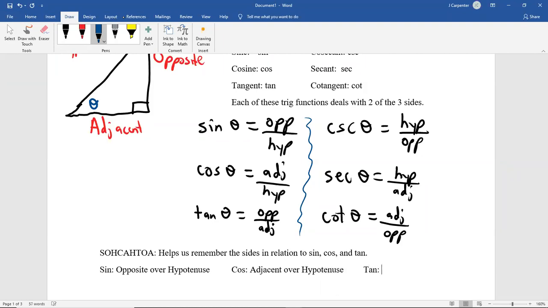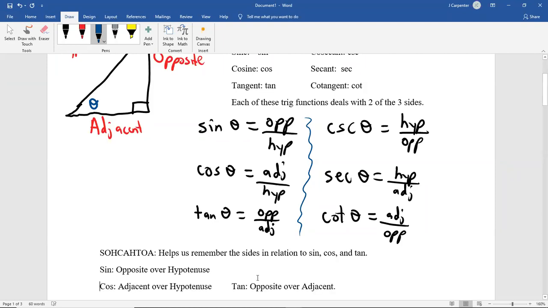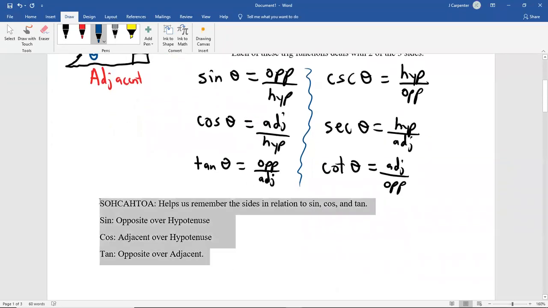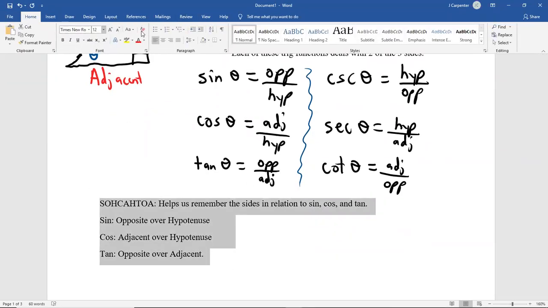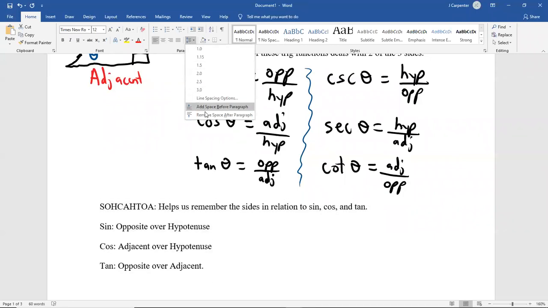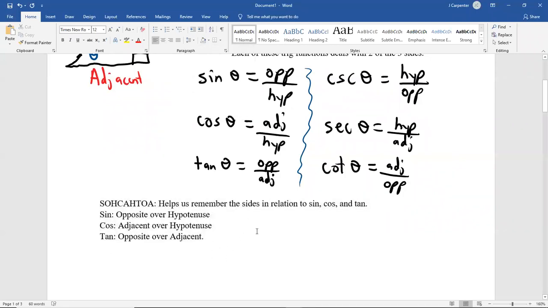Tangent is the opposite over the adjacent. Let me just do it this way. That's SOHCAHTOA.